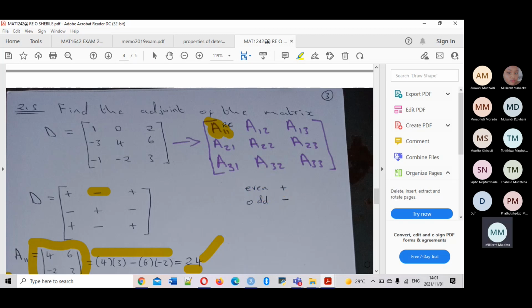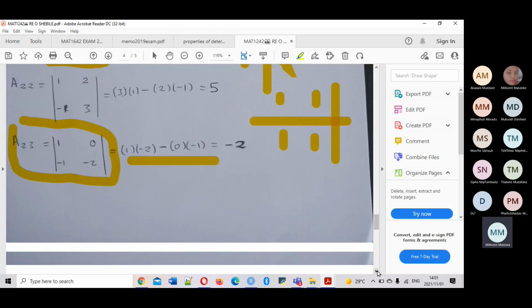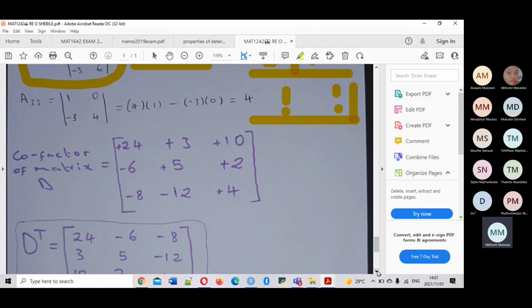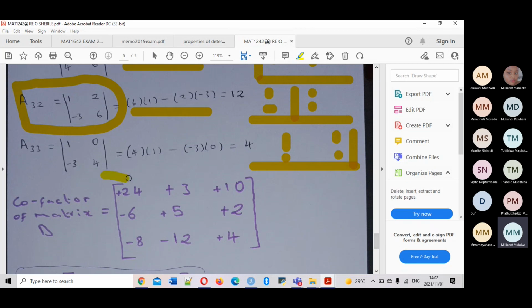What do you have? You must have something like this. Do you have something like this?